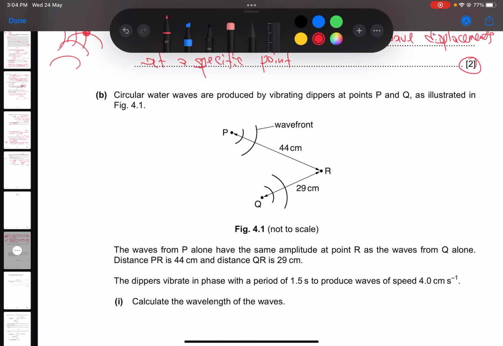All right, question B. Circular water waves are produced by vibrating dippers at points P and Q, as illustrated. Okay, we have P and Q, dippers here, water ripples, let's say.